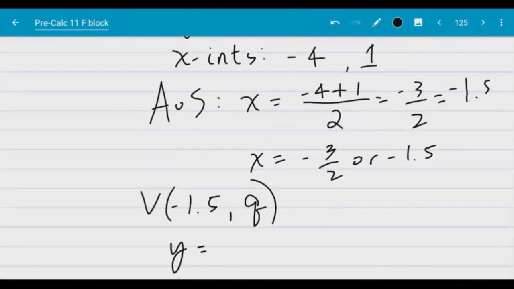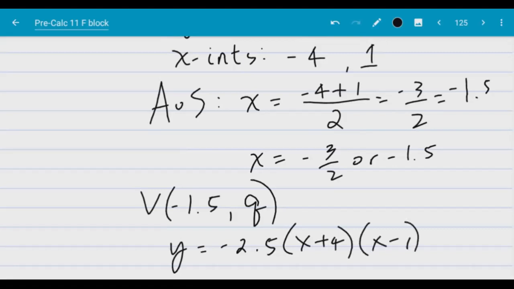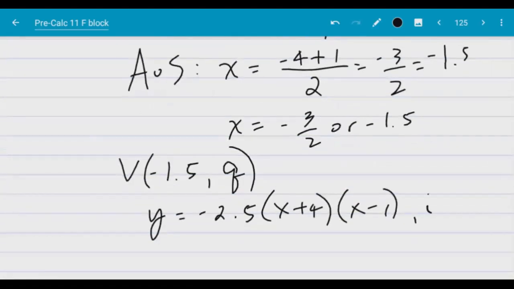Y equals negative 2.5 times x plus 4 times x minus 1. And if x is equal to negative 1.5, yeah, you might be thinking, a while ago you just said that you wanted it as a fraction. Yeah, just bear with me for a moment, okay? Because for this one, it might be easier for me to do a decimal, okay?